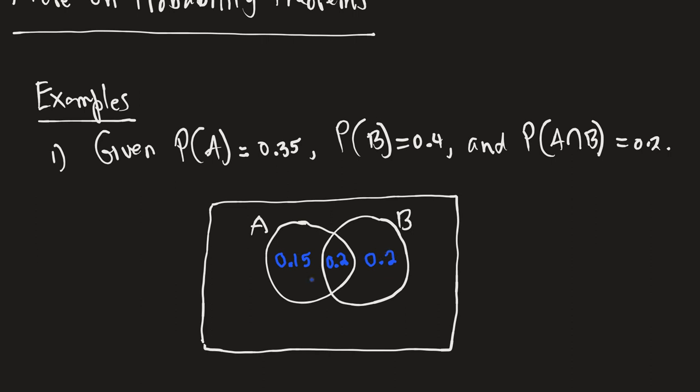So in other words, what's inside all the circles is 0.55. So to make sure that everything adds up to 1, I have to have a 0.45 outside, right? And this is our complete Venn diagram.